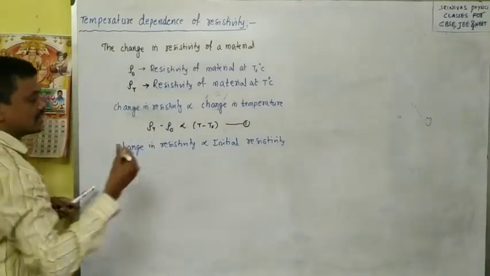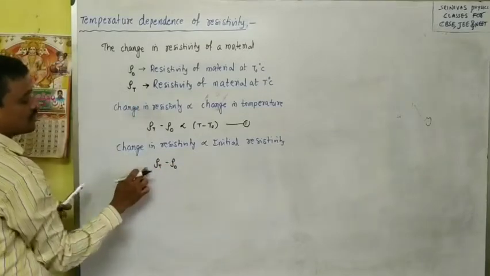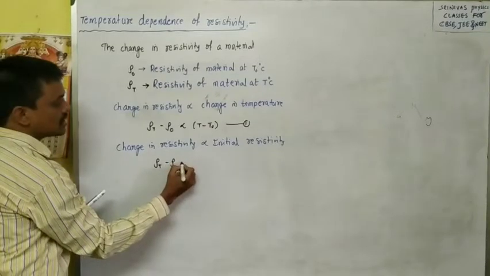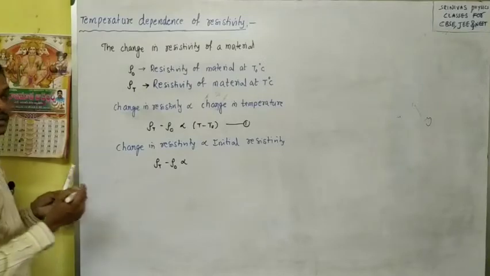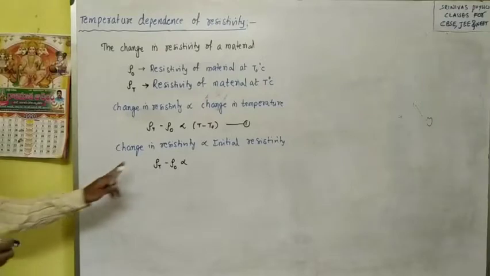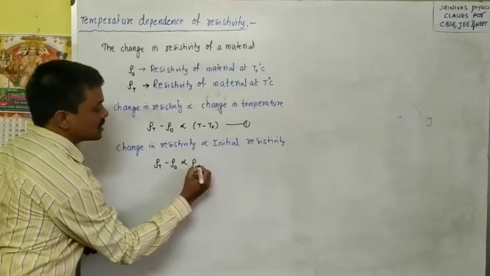So rho T minus rho naught is directly proportional to the initial resistivity, which is rho naught. This is equation 2.